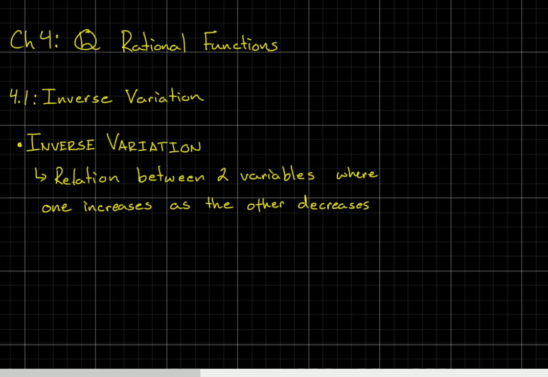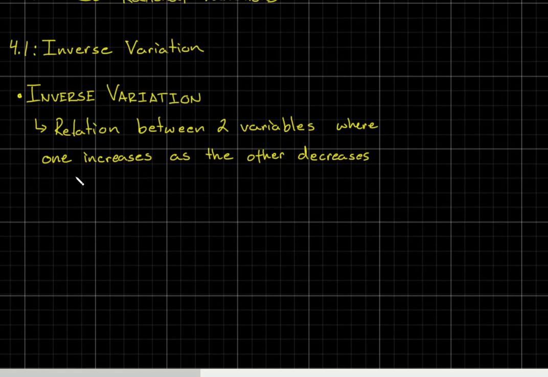But there's a really easy way to write these models. For these, if we're looking, and I'm just going to do a little asterisk to say, look, we're still talking inverse variation. The model that we use for this is going to have the form y equals k over x, where this value of k right here, depending on the problem, this will change, but it's just simply a constant, and it gets a special name.